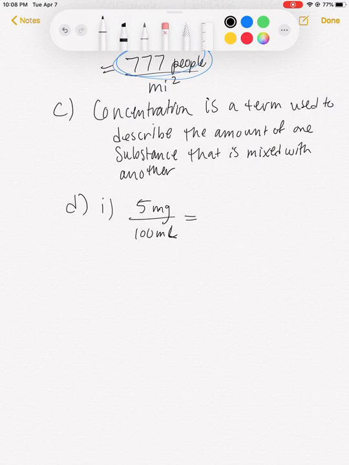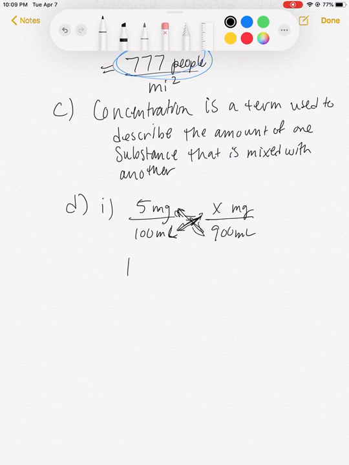And we want to know how many milligrams of dextrose are in the 900 milliliter solution. So we can use that same ratio and set it equal to another ratio where we don't know the top milligrams, but we do know the bottom milliliters. To solve this proportion, we just cross multiply.